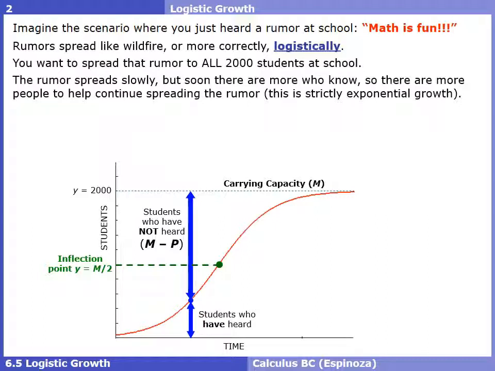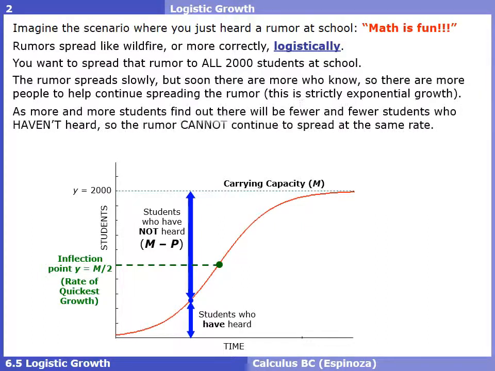That always happens, and this is the key, at half our carrying capacity, or m over 2. And of course, in this case, that would be 1,000. That's the point where the growth is the quickest. The rate of quickest growth always happens at the point of inflection, or at half of the carrying capacity.